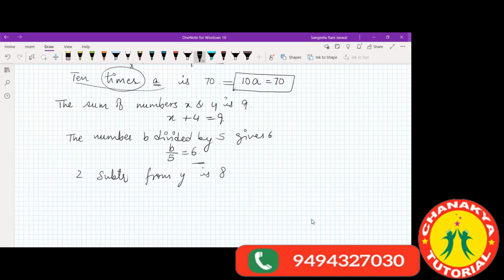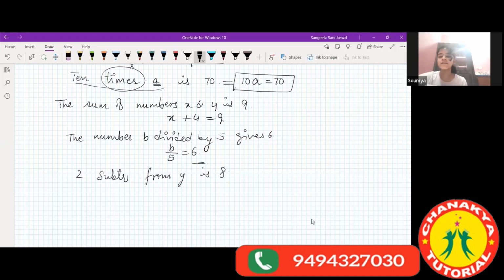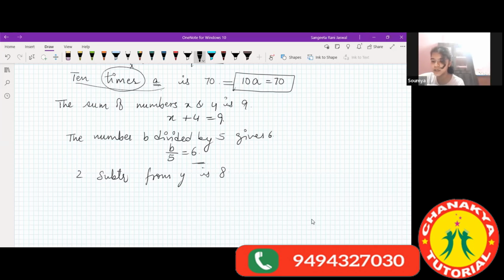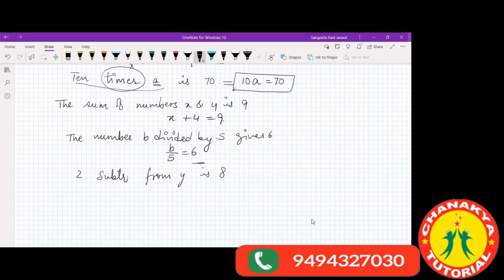Unmute and say. 2 subtracted from y is 8. Zoom is unable to pick it up, so you don't have to say the same line again. You will write y minus 2 is equal to 8.